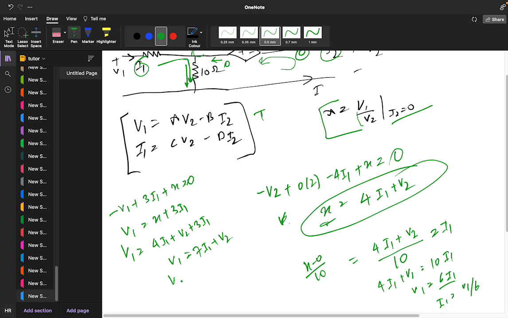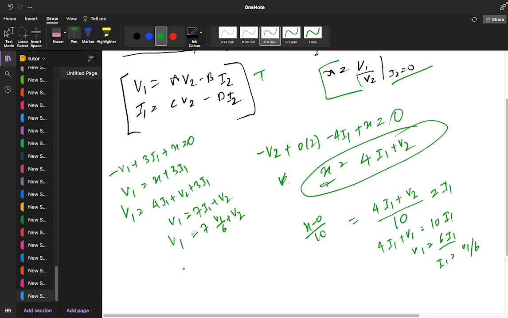Substitute here. V1 is equal to 7 times V1 upon 6 plus V2. Solve this equation. V1 minus 7V1 by 6 is equal to V2. So minus V1 by 6 is equal to V2.